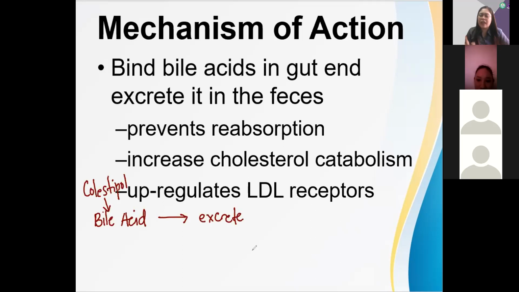So how does this help a person with high cholesterol? Remember, the bile acid is produced from cholesterol.